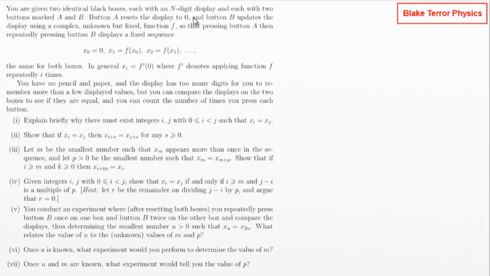Right, okay, well, there's only so many numbers we can show. I mean, we can't just show everything forever. It is an n-digit display, so at least that gives us something to come back to. So we can say it's got an n-digit display, therefore a limited number of numbers that can be displayed.